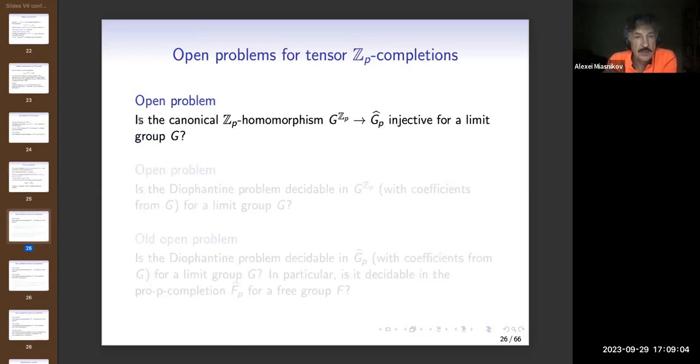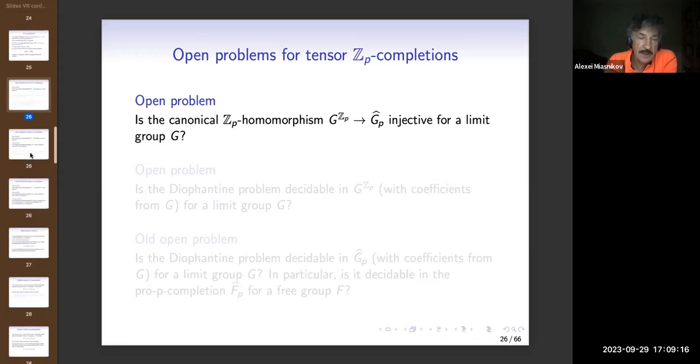You can try to generalize from free groups to limit groups or some other nice CSA groups. I think it might work, but anyway, this is an open problem.